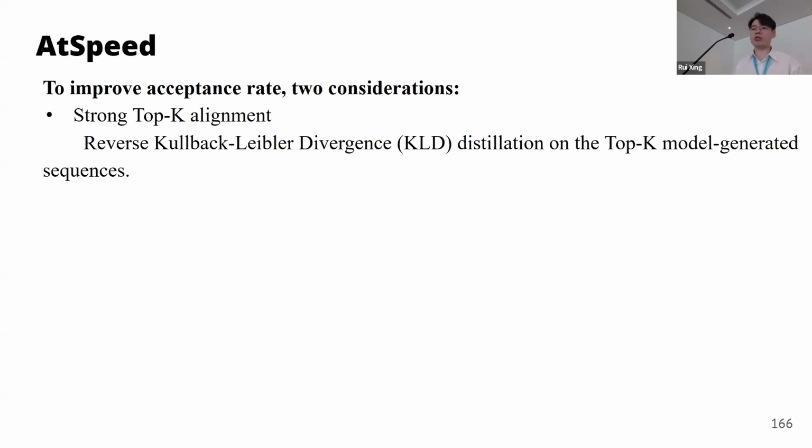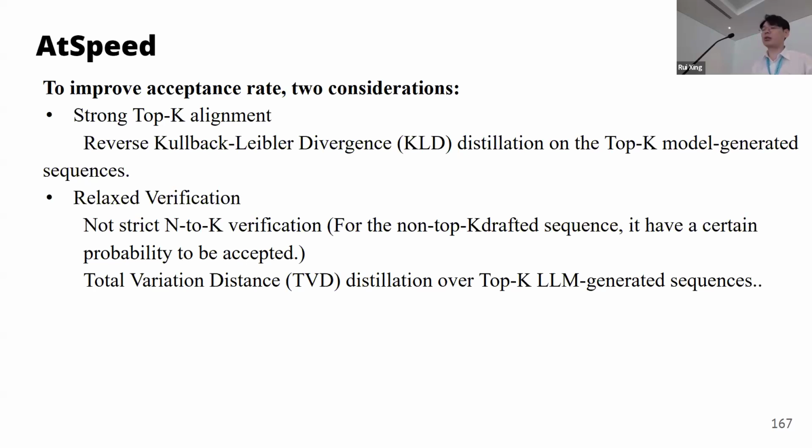So actually, the authors divide the distillation objective from the verification strategy. And the second try is to relax the verification. Because of the previous strict top K verification, now we could relax the strict verification specifically for the non-top K draft sequence.